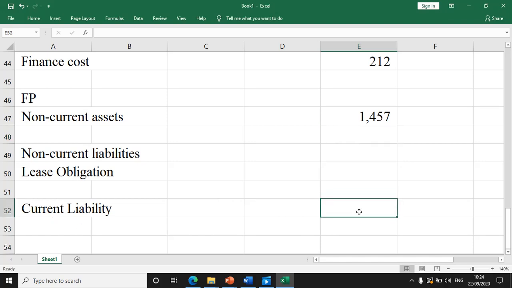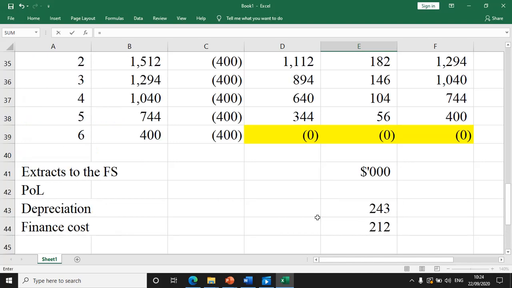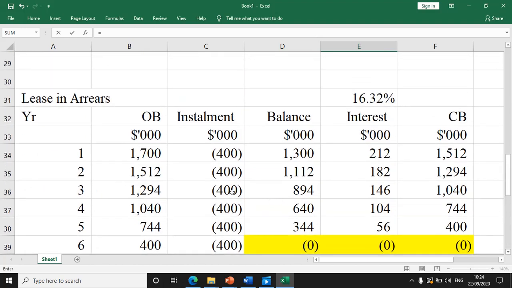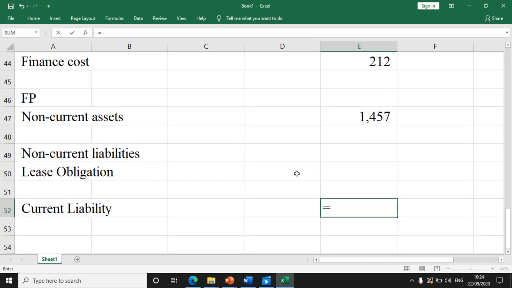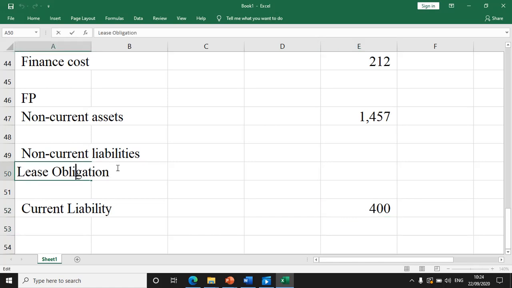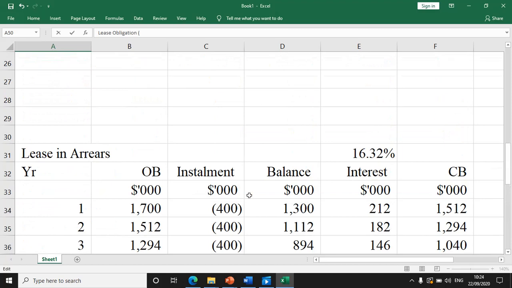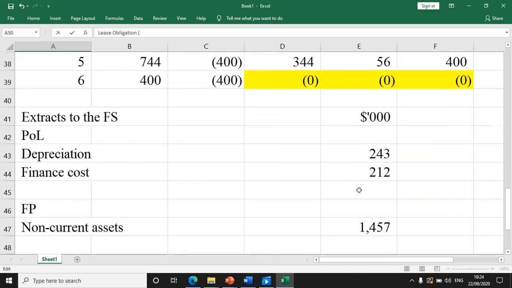Our current obligation will be the next installment. In this case, the next installment is the 400 in the following year.